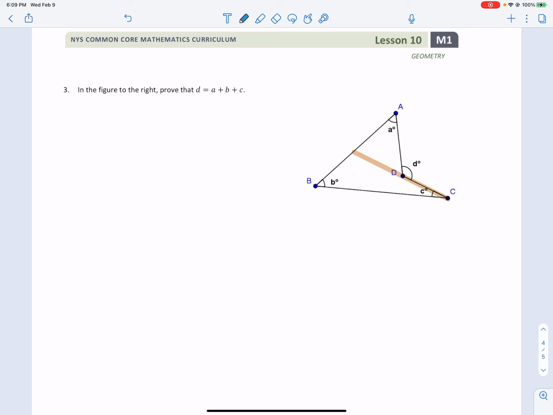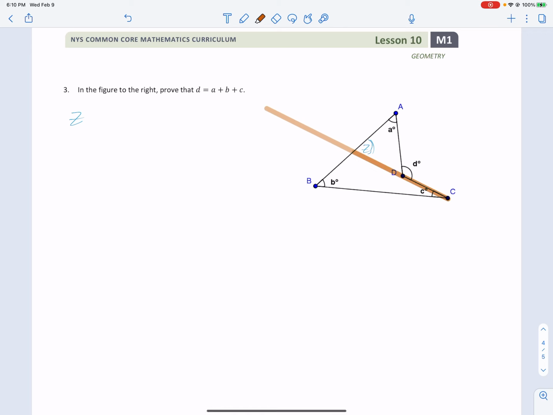So one thing that we do know about this: we need a couple more labels. I need to label this new angle that was formed right here. That's going to help us a lot. This angle right here, we know that it is an exterior angle. That Z angle is an exterior angle to this triangle. You might be able to see it a little bit better if I extend that line out.